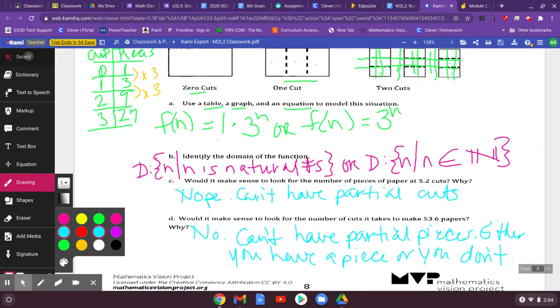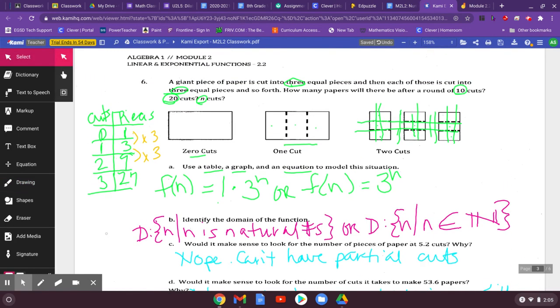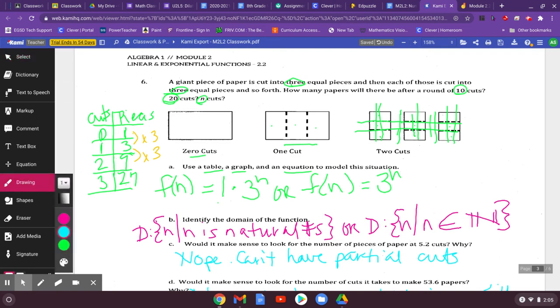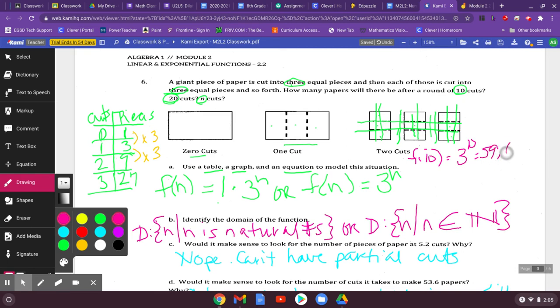I just realized we did not go back up and answer our 10 and 20 question. So let's jump in here and fill that in. Put it in our equation. If f equals 10, I want to do 3 to the 10th, and that is a nice big number of 59,049.